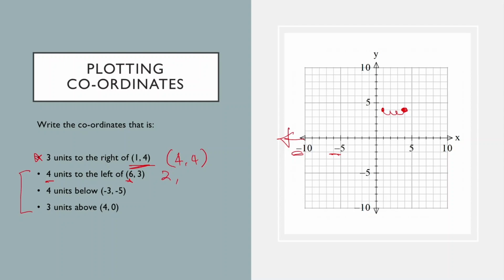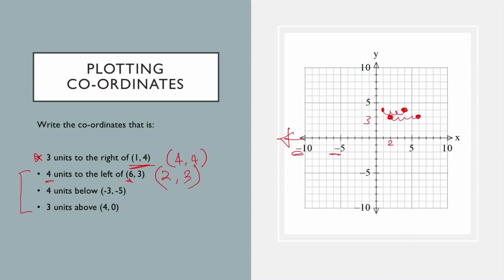It doesn't change up and down, so the second number doesn't change. So if you go 4 units to the left of 6, 3, then you end up in 2, 3. And if you want to get a visual, 6, 3 is right here. And if you go 4 units to the left, 1, 2, 3, 4, you end up here. That's 2, that's 3.